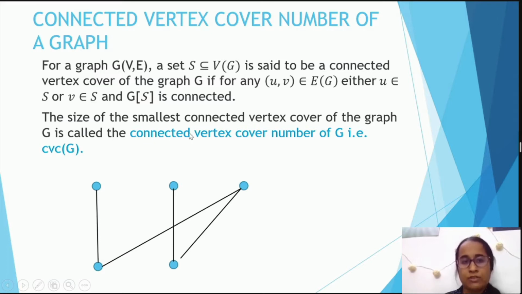And the size of the smallest connected vertex cover of the graph is called the connected vertex cover number of graph, that is CVC of G. So in this particular example, we had seen that these two vertices form a vertex cover, but the subgraph induced by them will not be connected. So this is not a connected vertex cover. And for connected vertex cover, we need 3 vertices. So CVC of this graph is 3.